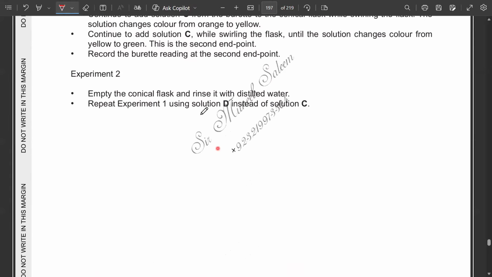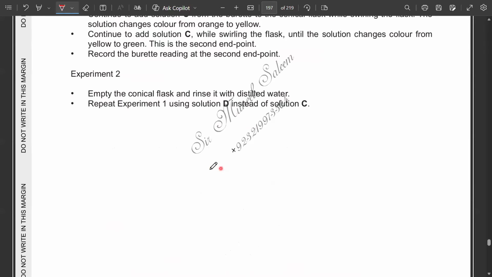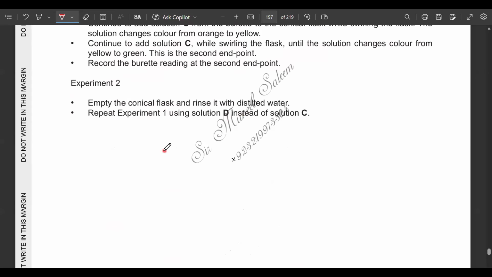That's why they have to rinse the conical flask, which was previously containing solution C. Now, why are we rinsing with distilled water to use in the second experiment? It's clear that there would definitely be some contaminants, some impurities left behind in the conical flask.